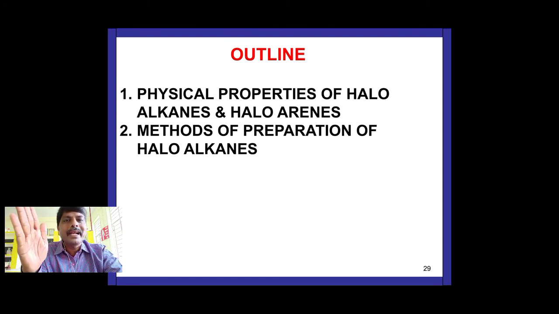Alcohol is one reactant, and what about the other reactant? That may be HCl, KCl plus H2SO4, PCl3, PBr3, PI3, and thionyl chloride. By using thionyl chloride only you will get pure haloalkane. Along with these methods, two named reactions are there, Finkelstein reaction and Swarts reaction.